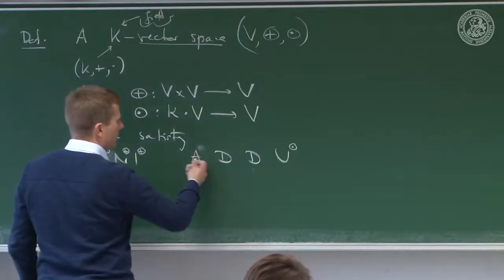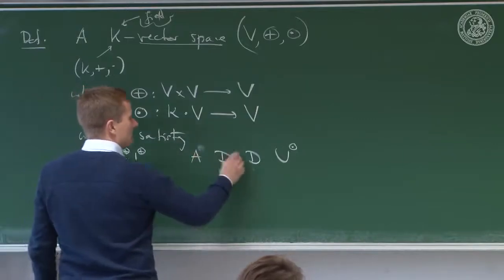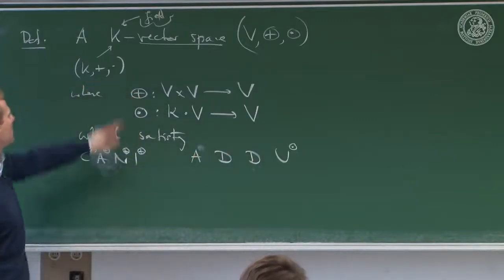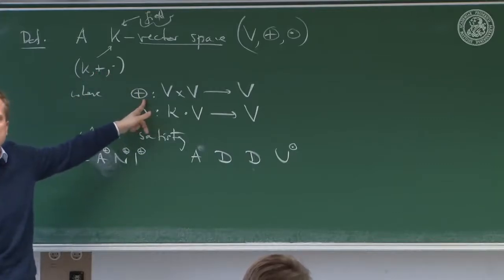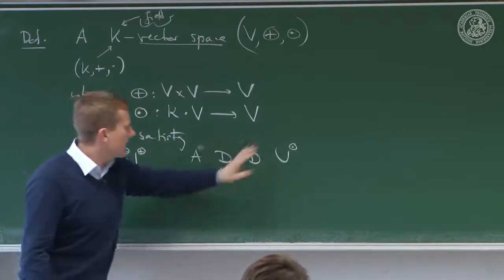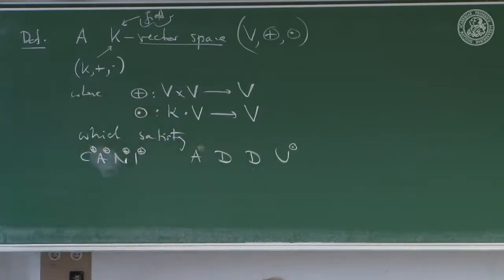So the associative law, you know how that works. Then there are 2 distributive laws, because you can distribute over this plus or you can distribute over that plus. Do you know what I'm talking about, or you want me to write it down? You know what I'm talking about. Okay, so these are the vector space axioms.